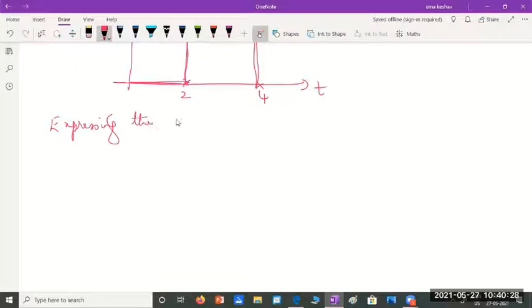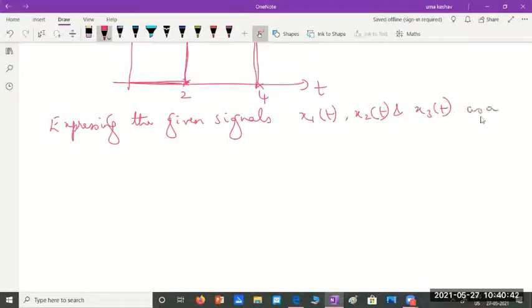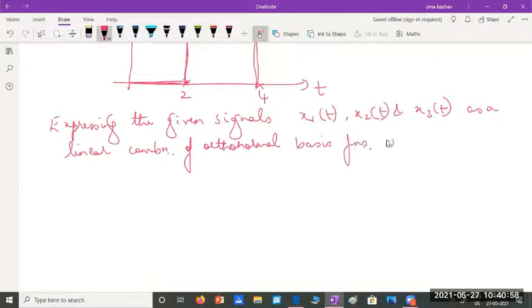express the given signals x1, x2 and x3 as, that is the next question in the problem, as a linear combination of orthonormal basis functions phi 1 and phi 2.